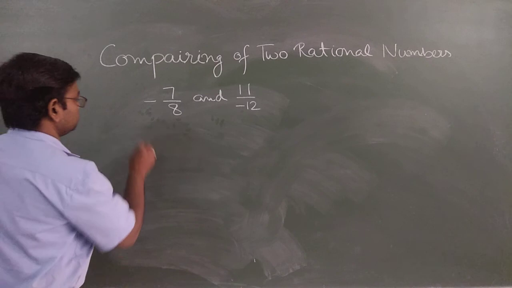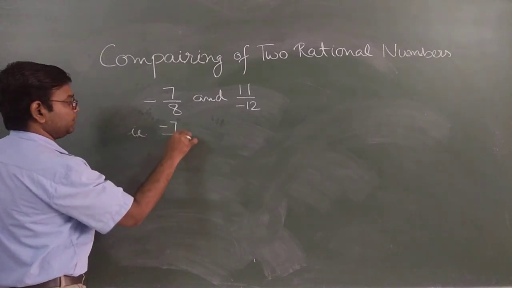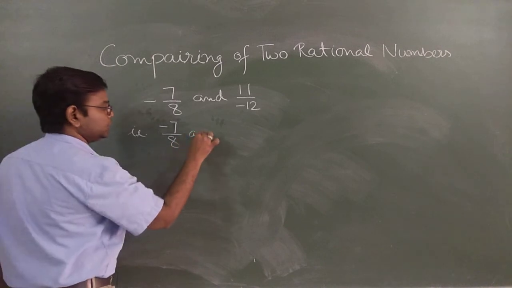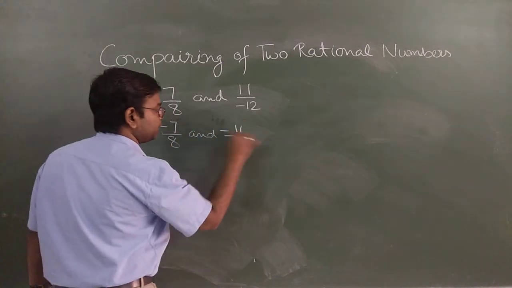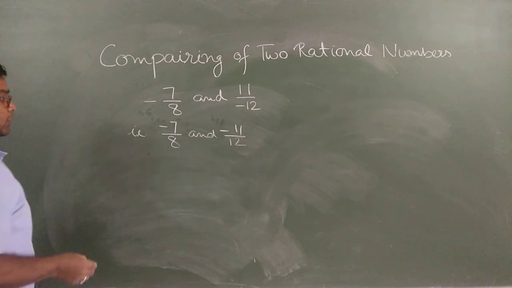So we can write that as minus 7 upon 8 and minus 11 upon 12. Now find the LCM of 8 and 12.